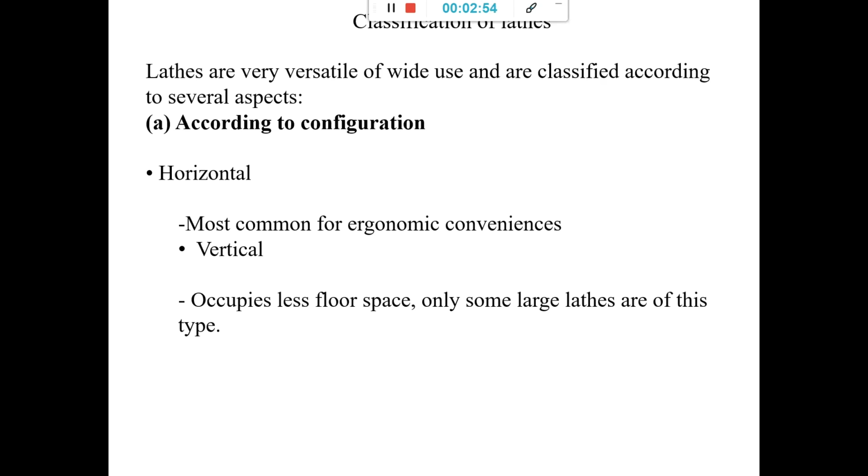The lathes most suited for human application are horizontal lathes. There is another configuration called vertical lathe. A vertical lathe occupies less floor space. Only some large lathes are of this type. So most lathes are of the horizontal type.